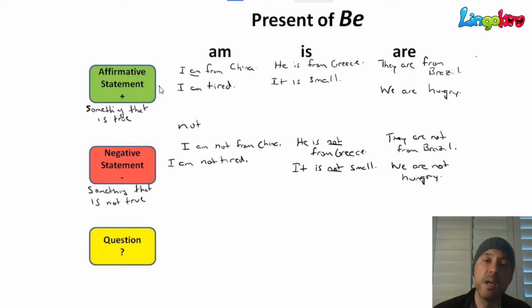All right. So the last thing we want to look at is, how do we make a question using the present of be? Well, let's look at the example here. If I have I am from China, what I'm going to do is take the am, the be verb, and put it in front of the subject, the subject being I. Now to make the question, I will put, am I from China?